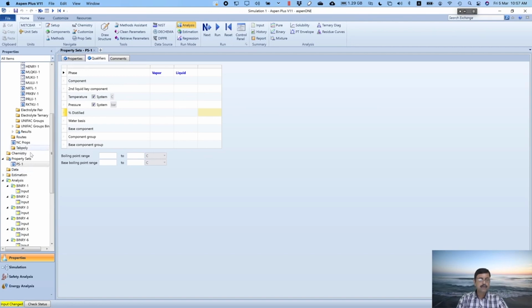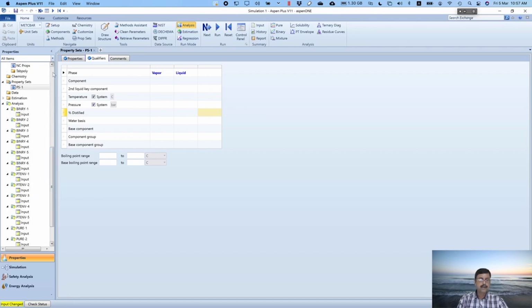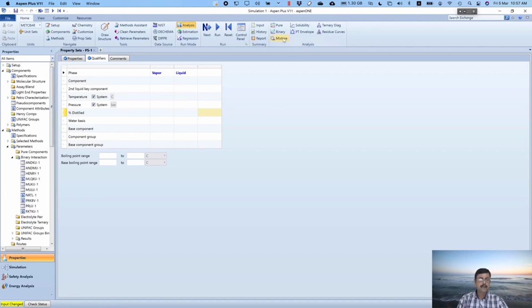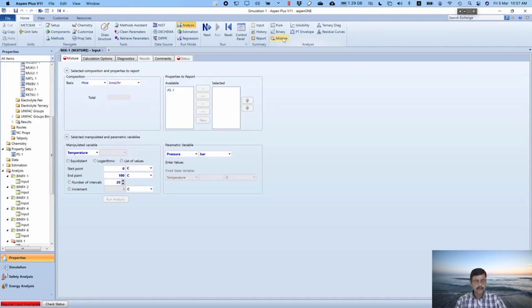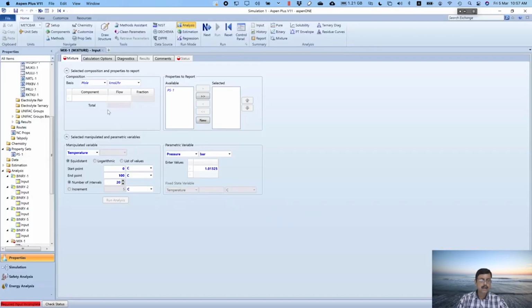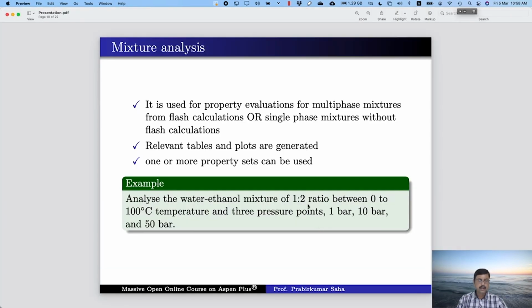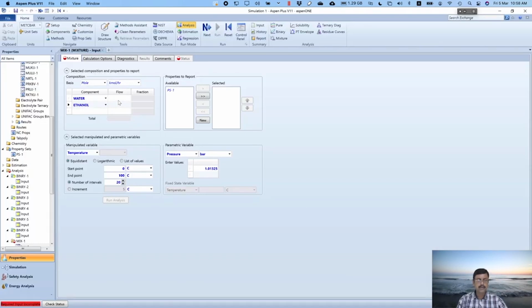Now let us take mixer analysis. Choose mixer. What are the components? Components are water and ethanol. So bring in water and ethanol in 1:2 ratio. So let us say this is 1 and this is 2. So this is 1:2 ratio.